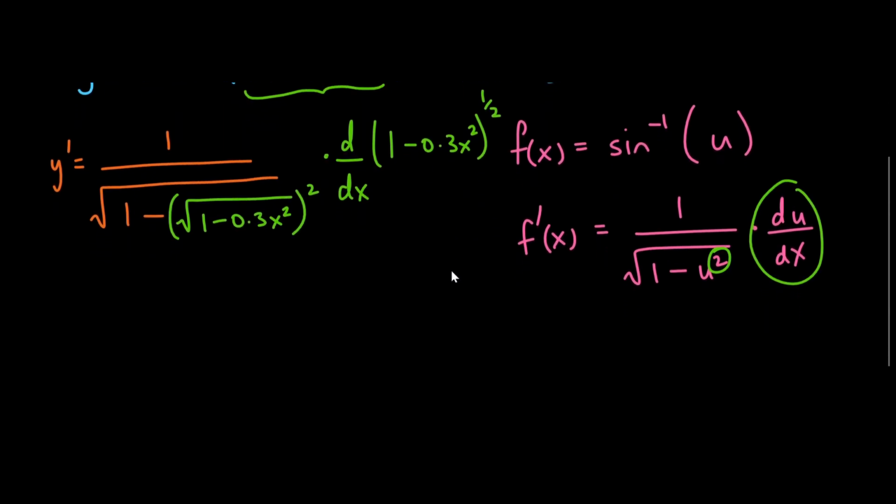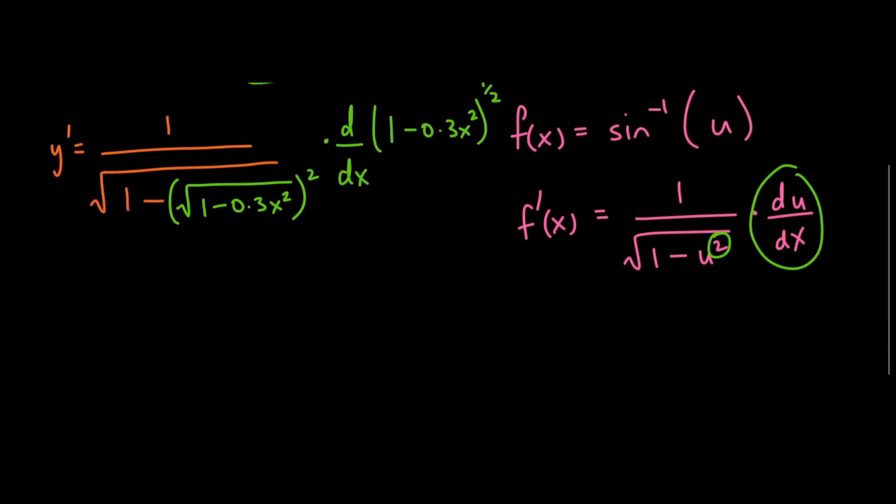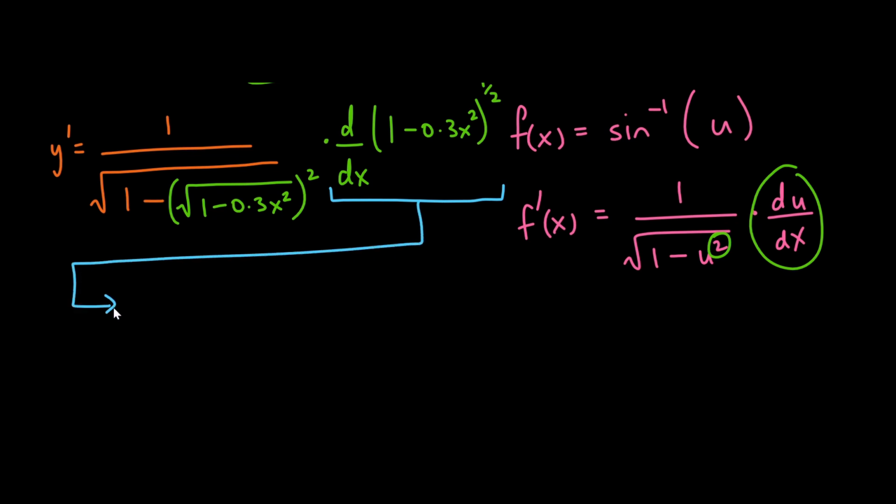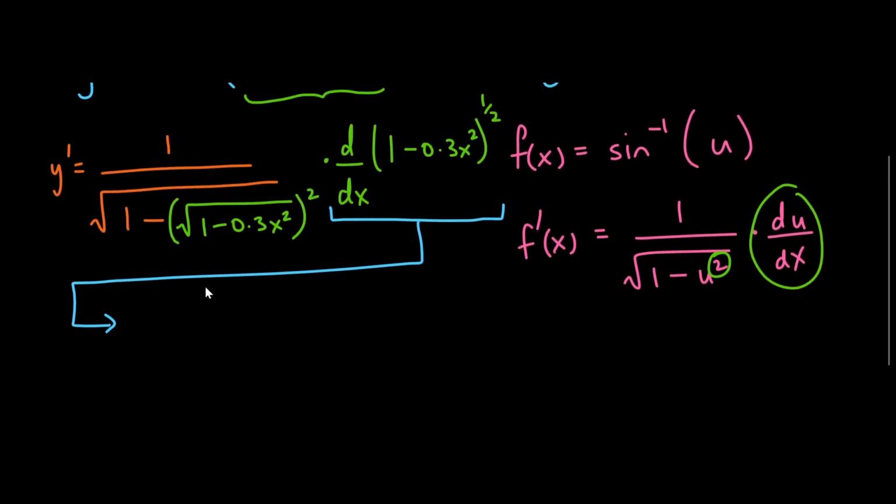And now let's differentiate just this part, while not forgetting this section as well. So I'll just hold it here. The derivative of 1 minus 0.3x squared raised to half, or square rooted.